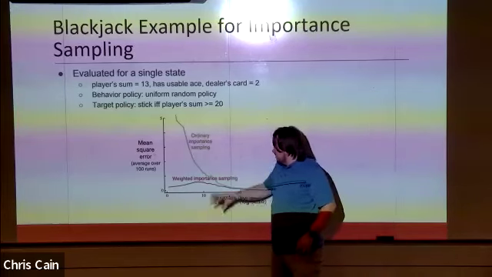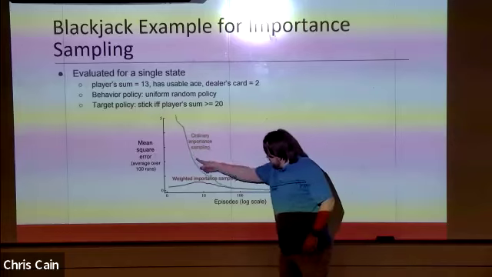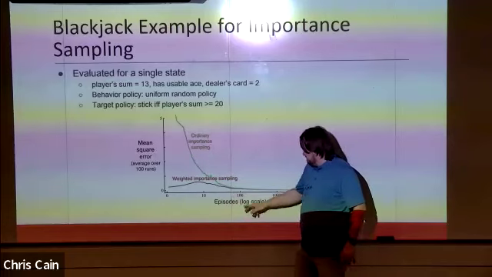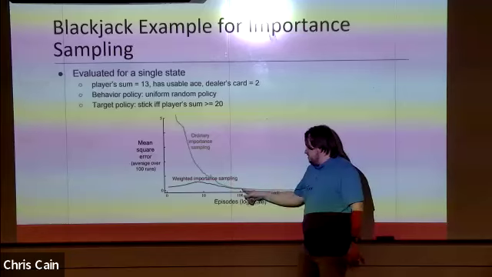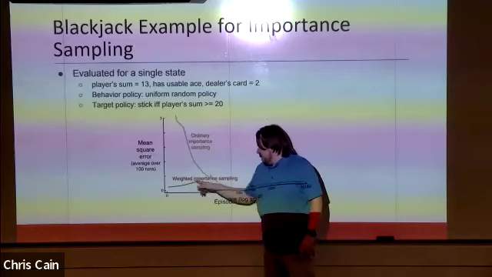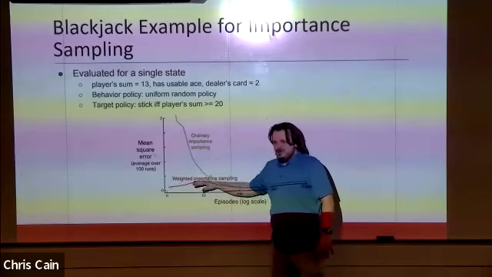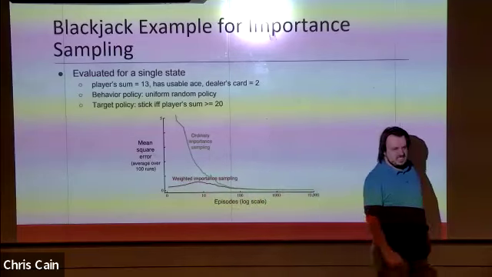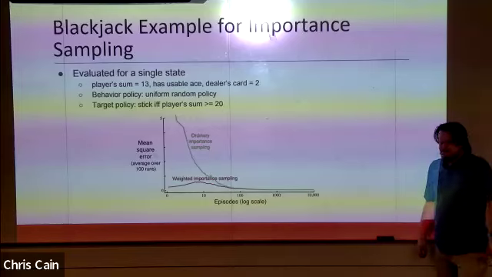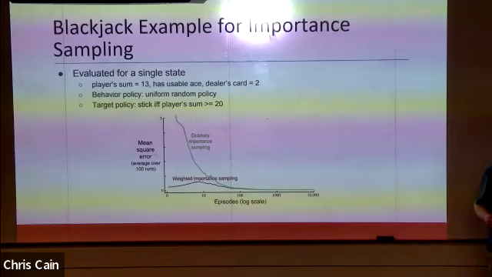The error, if we use ordinary importance sampling, converges pretty quickly after some number of episodes. This is a log scale. And with weighted importance sampling, it actually starts out quite low and you learn significantly faster. So it's usually what you want to use, especially if you don't have time to train over long trajectories, something like the game of chess.